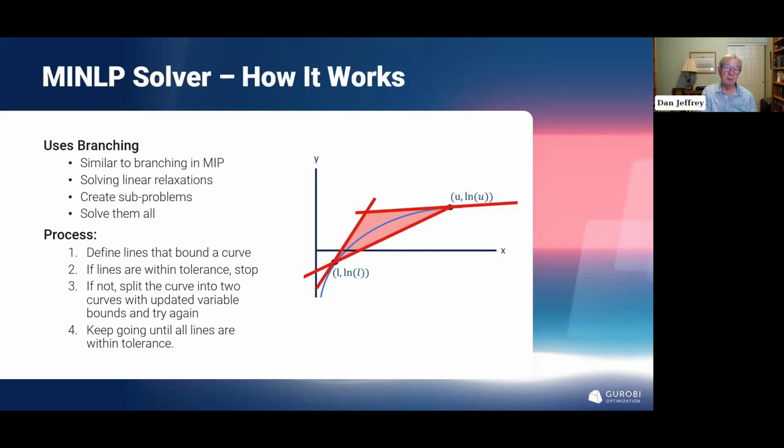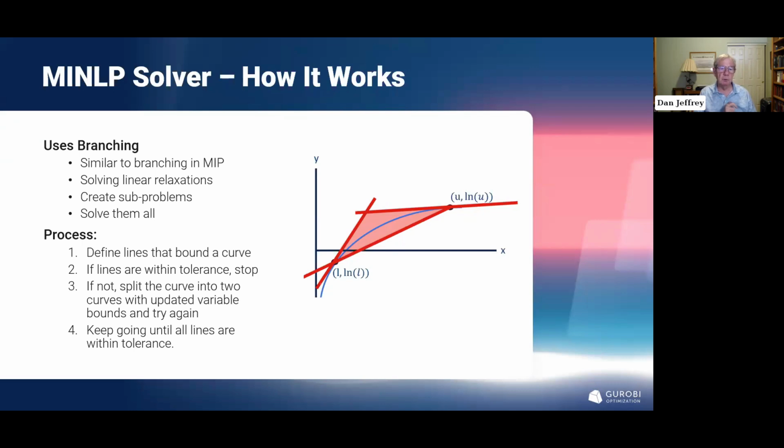You're going to say, okay, let's look at all solutions where x is 3 and all solutions where x is 4, because you can't have a fractional value for an integer variable. That creates this tree of branches and nodes where you're solving linear relaxations over and over again, but testing it by setting x to one or another integer value. That's how branch and bound works in integer programming. We're doing kind of a similar idea here. The branching is really exactly the same, but we're branching on a different criterion.